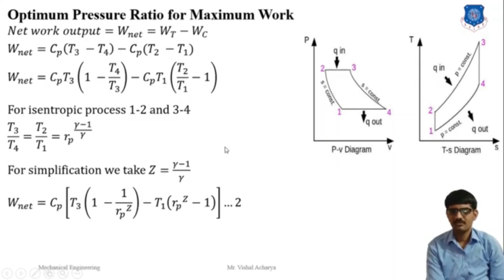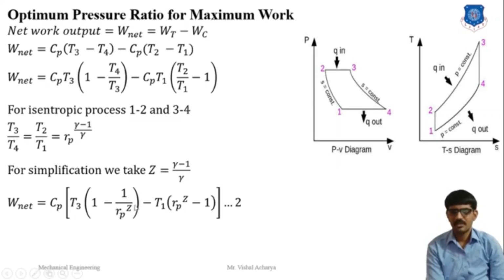For the maximum work output, T3 is the maximum temperature and T1 is the initial or minimum temperature for the cycle. So here we try to convert all the terms so they depend upon the pressure ratio only.